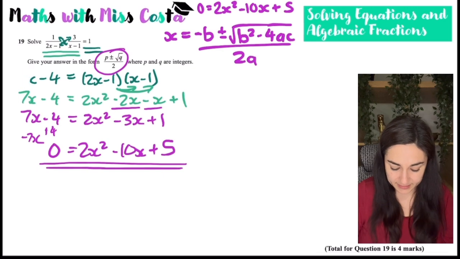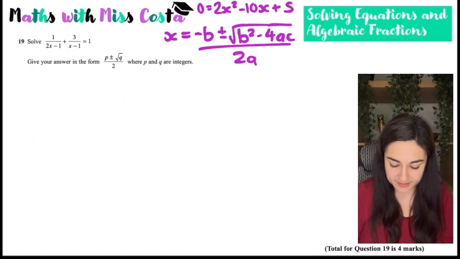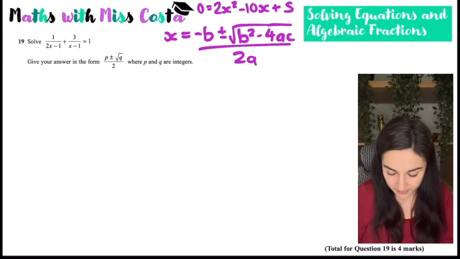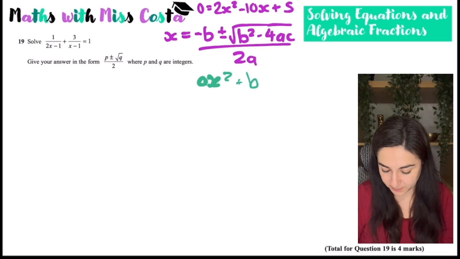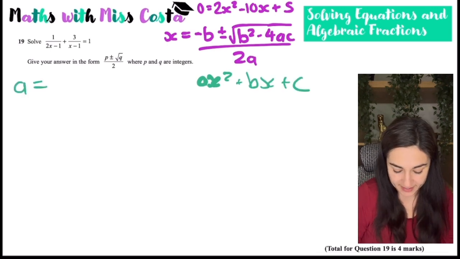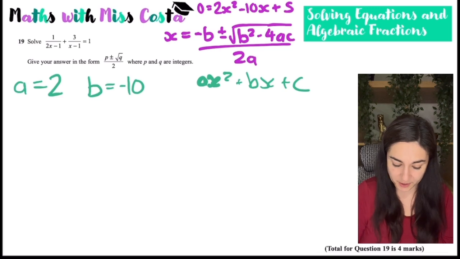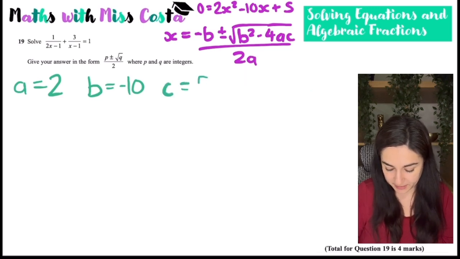Now, if you find the quadratic formula a little bit tricky to use, the best thing to do is start by actually saying what your values are. So every quadratic is written in the form ax squared plus bx plus c, where a is the coefficient of x squared. So in this case, a is going to be 2, b is going to be negative 10 because b is the coefficient of x, and c is the number on its own, so c is going to be 5.